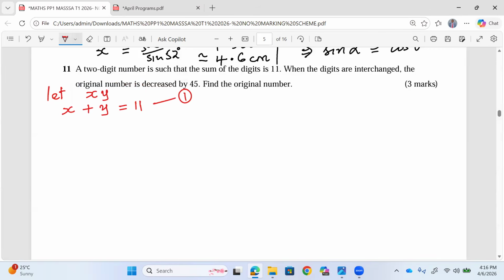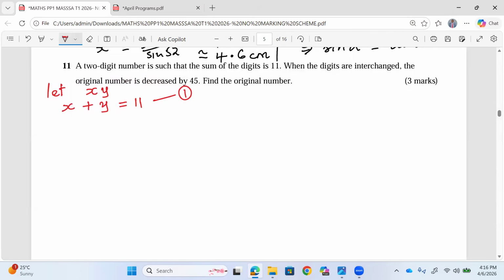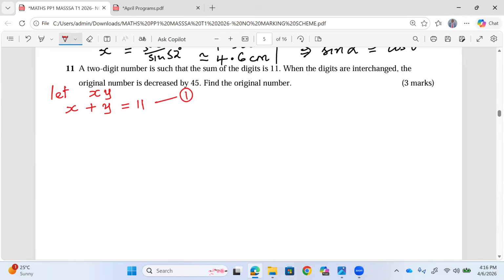Can we proceed to equation 2? When you reverse the digits, the new number becomes yx. Can we talk about values of the number now? Because y is in the tens position, the value of the new number is 10y plus x, which is in ones.